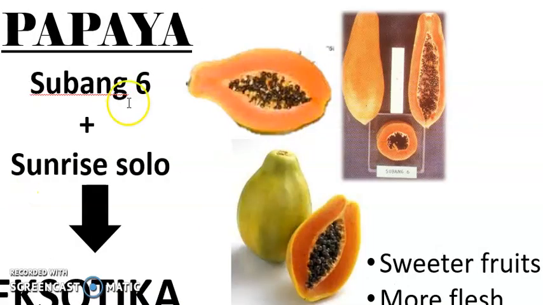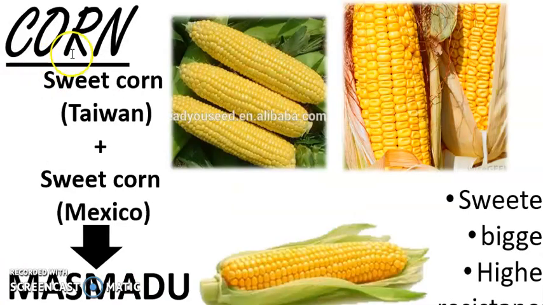Okay, the second example is papaya. Subang 6 and Sunrise Solo are the parent plants. Okay, dua ni bergabung. Dia dapat hybrid plant Exotica. And then pokok jagung, corn. The parent plants are sweet corn from Taiwan.